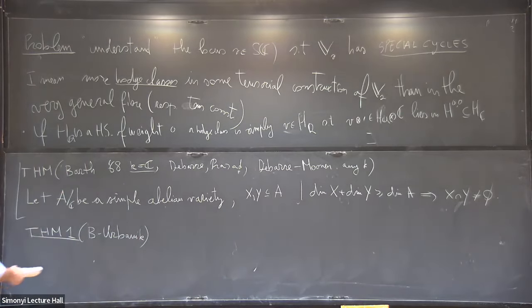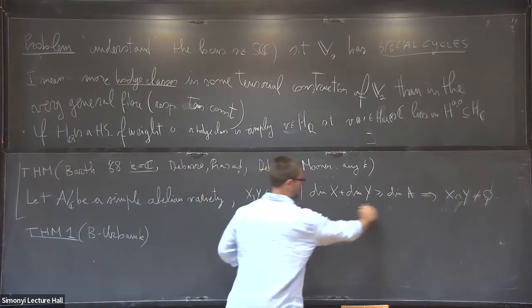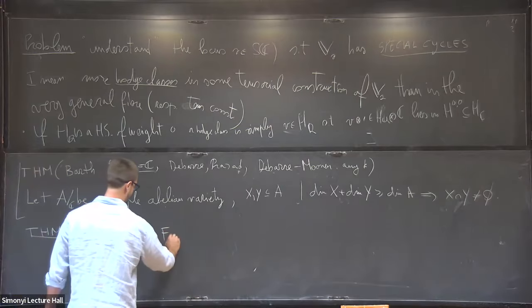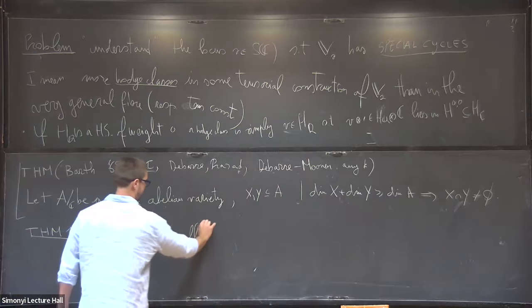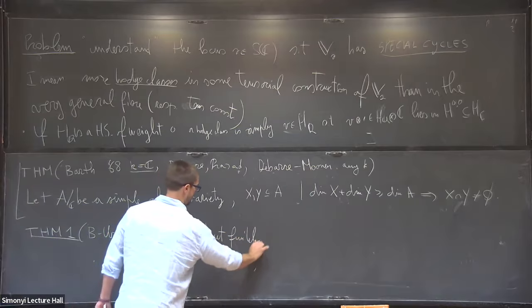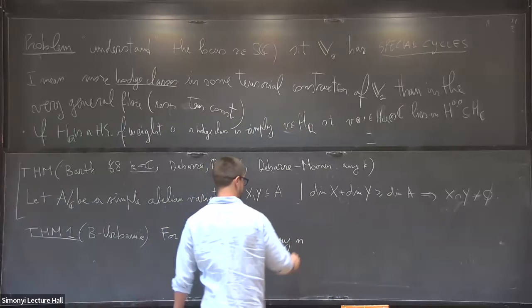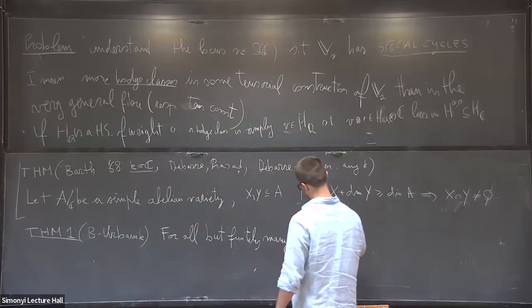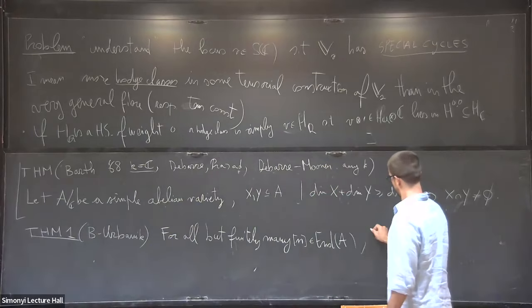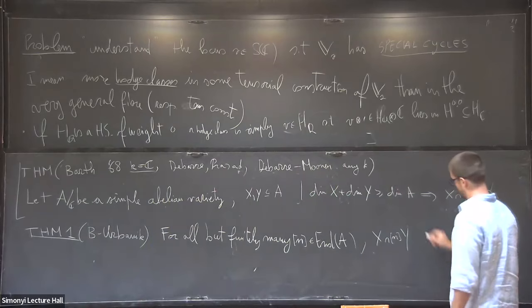So the first one: we take, again, the same setting, x and y in this range here. And the statement is that for all but finitely many n in the endomorphism of A, x cap ny has the expected dimension.